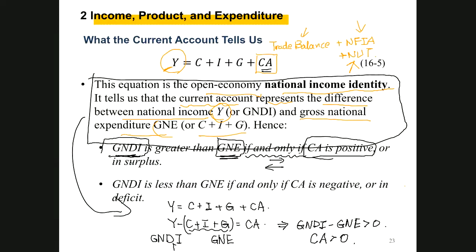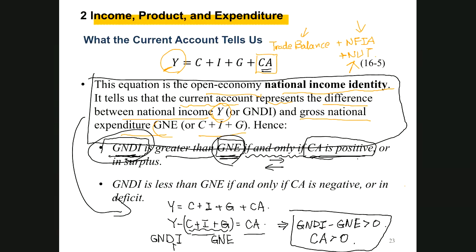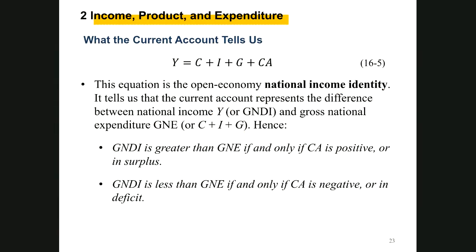So if GNDI is greater than gross national expenditure, then I'm sure that the current account is positive, right? And by this mathematical representation, you should be able to see it clearly. Let's do it one more time. What about GNDI is less than GNE? So what does it mean? GNDI here is equal to Y. GNE is equal to C plus I plus G, right?